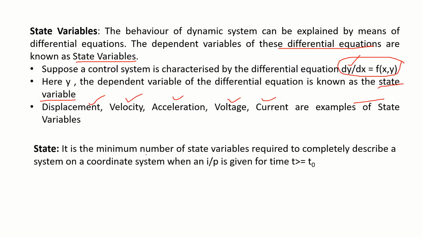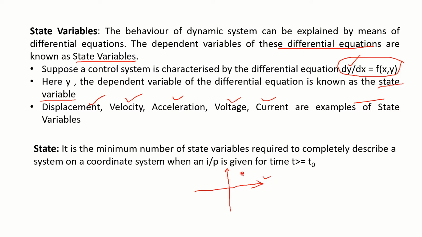What is state then? It is the minimum number of state variables required to completely describe a system on a coordinate system. Suppose I want to find the state of the system. If I know the values of these coordinates, then I can represent the state of the system.